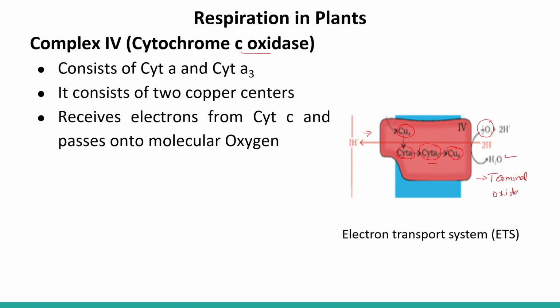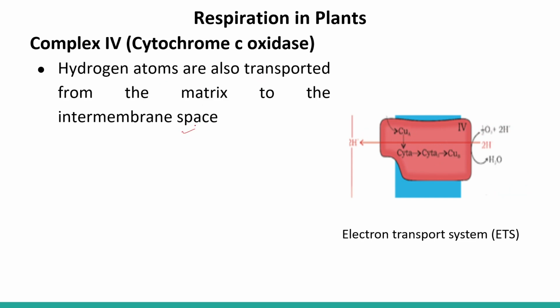The oxygen, what does it do? It accepts protons and electrons, and it gets converted into water. So complex 4 consists of two copper centers, and it also consists of two cytochromes, cytochrome A and cytochrome A3.